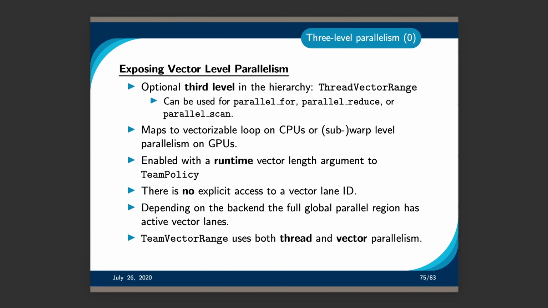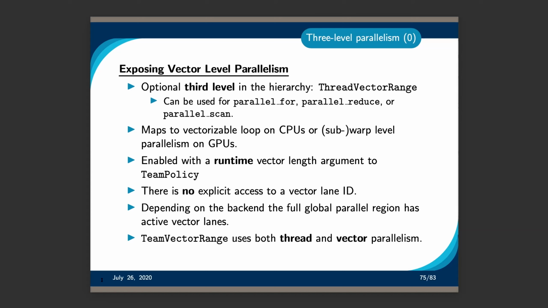It can't be larger than a warp, but it can be smaller. You do not get explicit access to the vector lane ID, so the only way to use this is via a vectorizable loop. While in principle you could do team level parallelism by doing your own index calculation using the team rank, you can't do that with the vector lane.